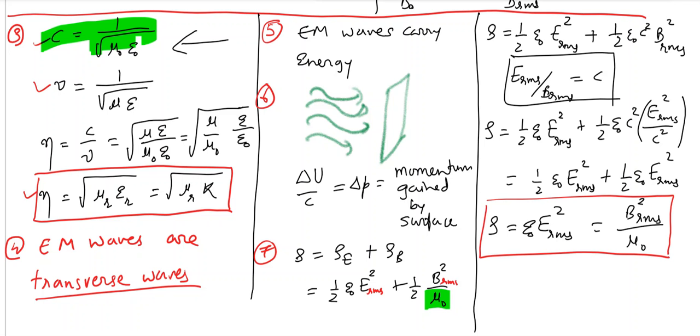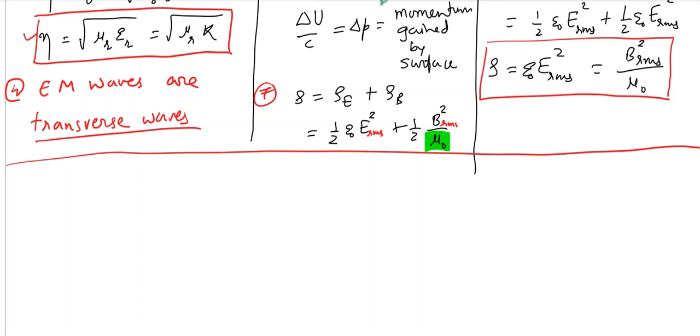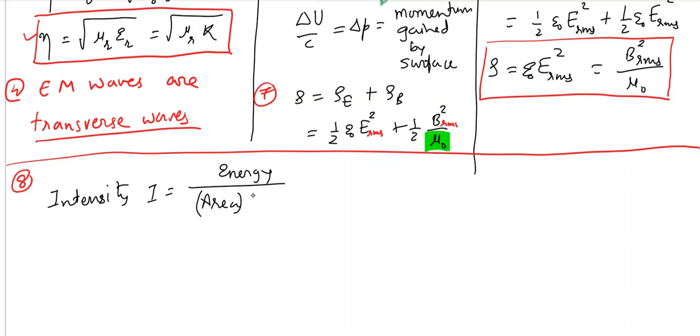Now, lastly, we know that different sources produce electromagnetic waves of different intensity. How do we define intensity of an electromagnetic wave? Intensity I is defined as energy per unit area per unit time.